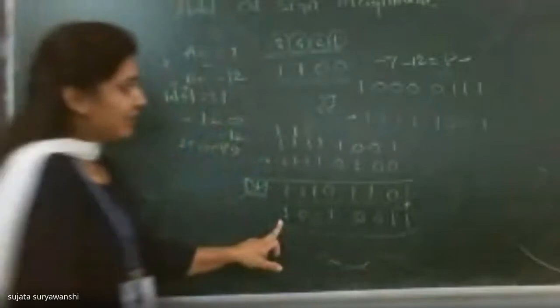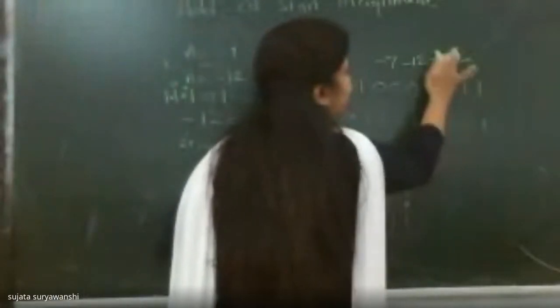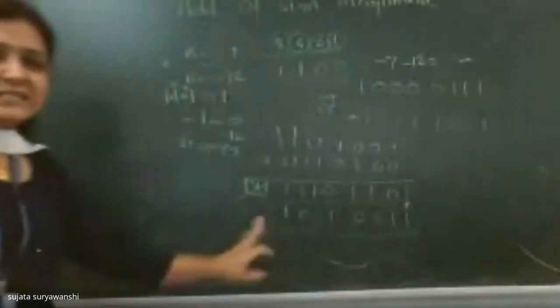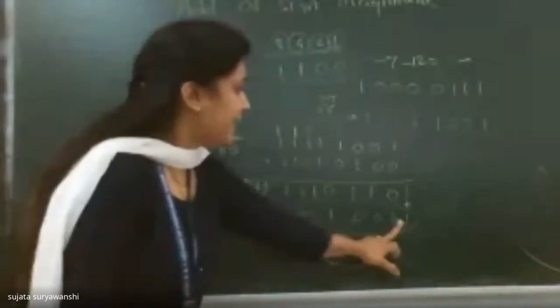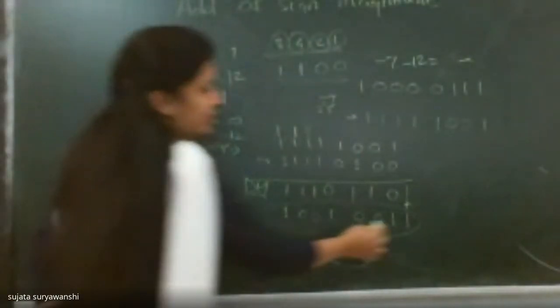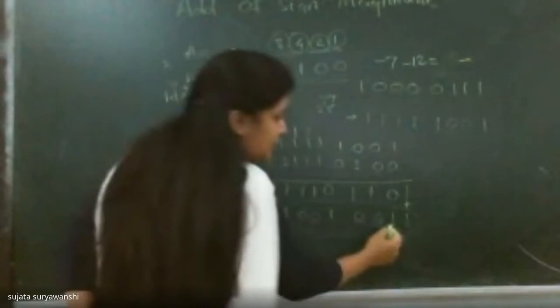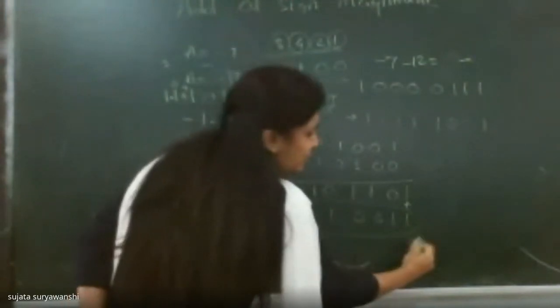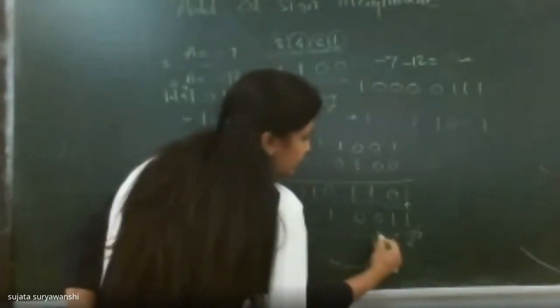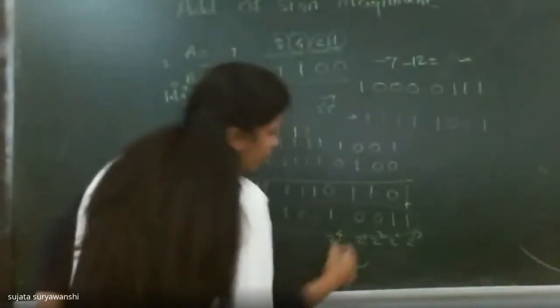Tell me the magnitude of this. What is the equivalent decimal number? Here 1 means your number is negative. Be sure about that. Then just tell me the magnitude. Here we can consider 2 raised to 0, 2 raised to 1, 2 raised to 2, 2 raised to 3, 2 raised to 4, like this.